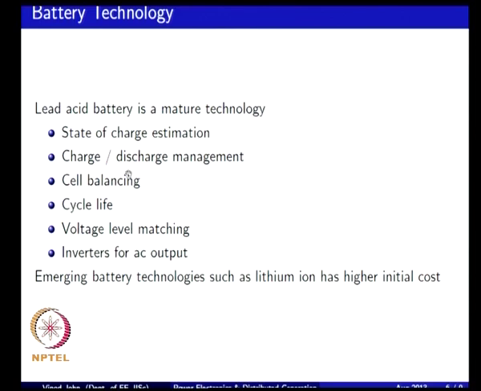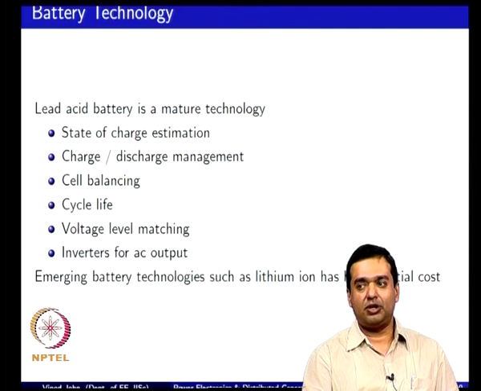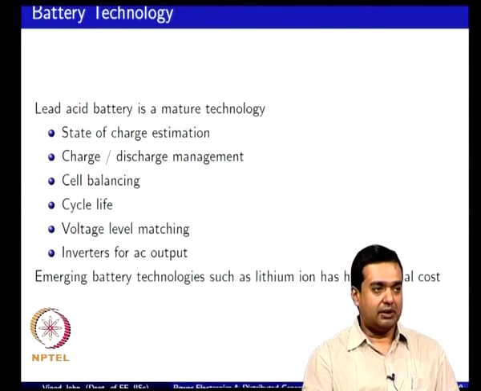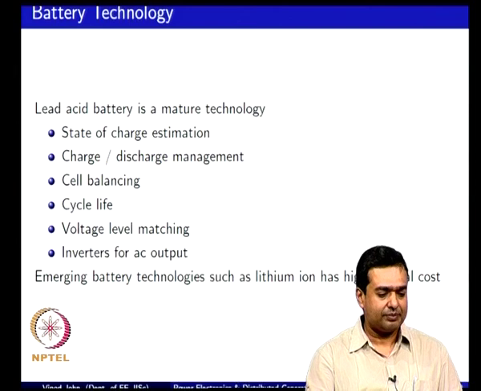Cycle life is also a challenge in a battery, especially if you are looking at lead acid type batteries. You are looking at hundreds of cycles. In something like lithium ion, you might be able to get 1000 or a few thousand, but cycle life is something that is important in a battery application.